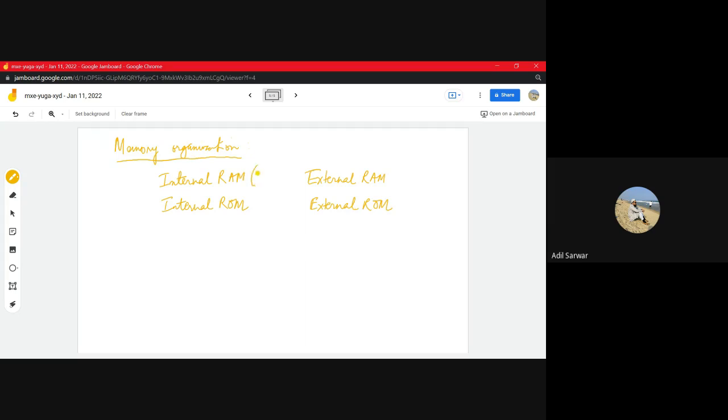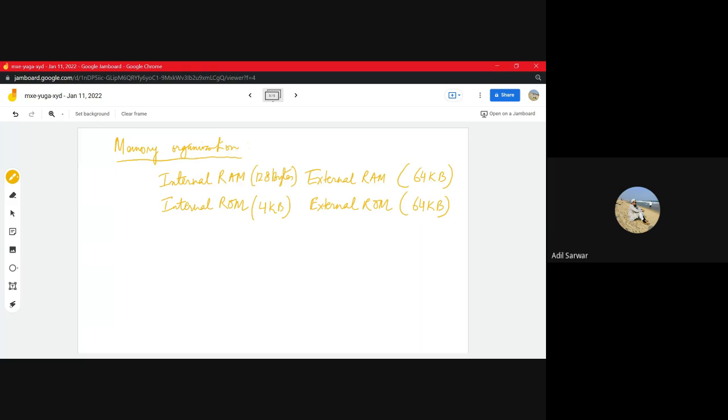Internal RAM, what was the size? 128 bytes. Internal ROM, 4 kilobytes. External RAM, 64 kilobytes. External ROM, again 64 kilobytes. Okay. So this we have already seen in the previous lecture.